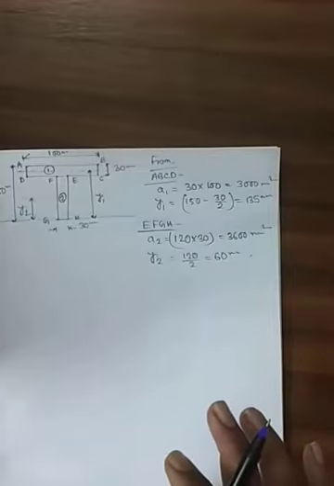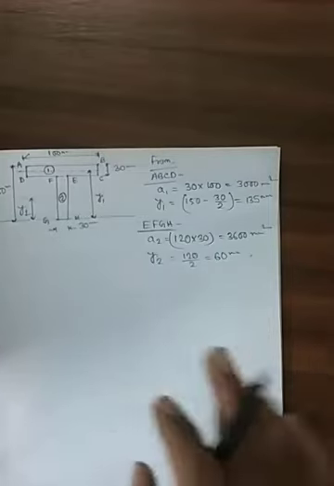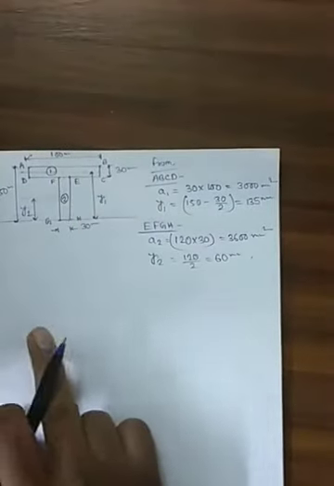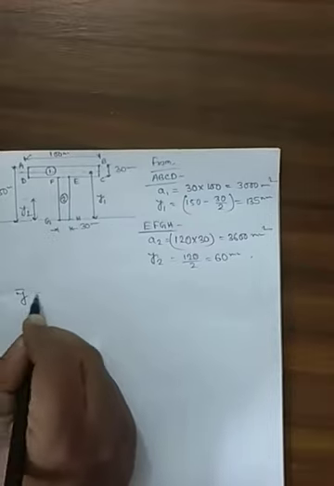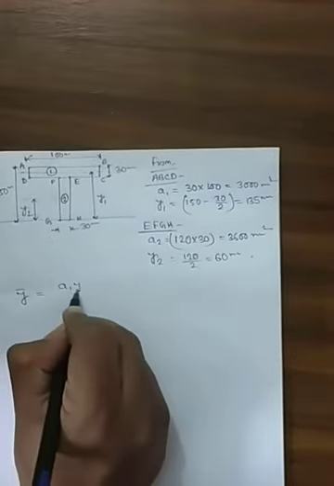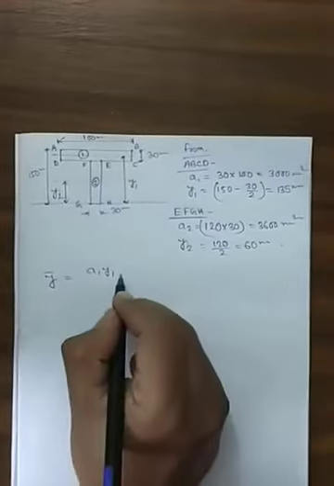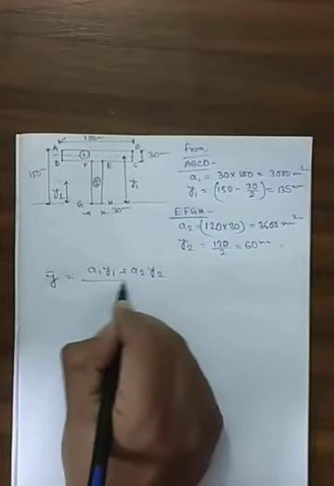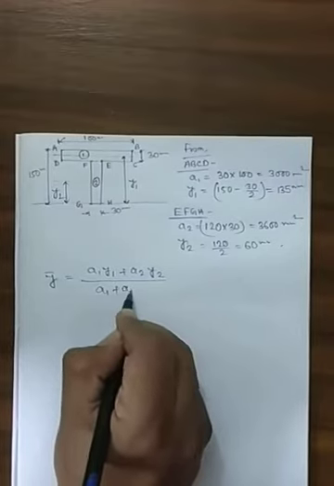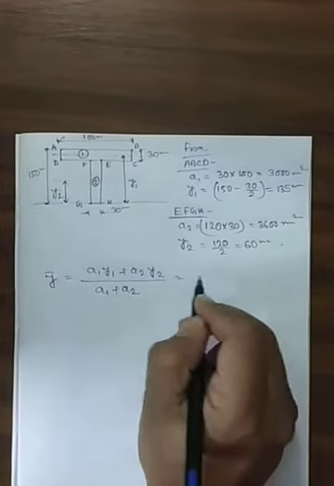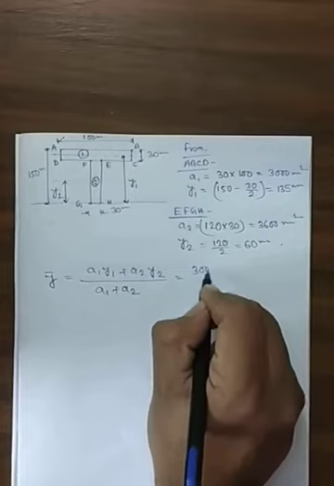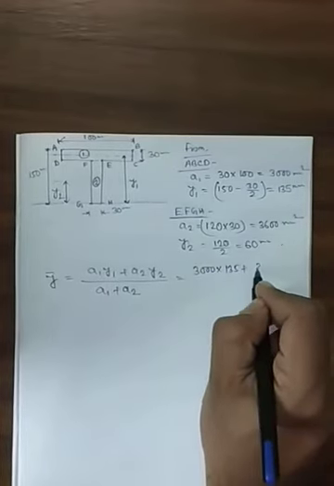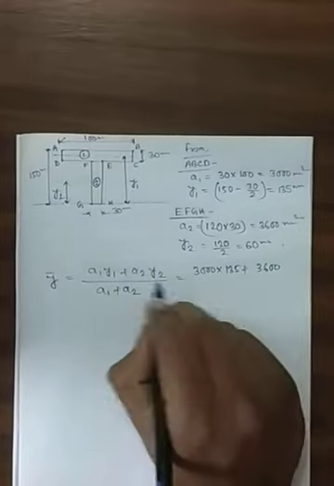Now we know that the distance of the center of gravity of the section from the bottom of the flange FH, GH will be equal to A1Y1 plus A2Y2 divided by A1 plus A2. So A1Y1 is how much? 3000 into 135 plus A2 is how much? 3600 and Y2 is 60 and divided by A1 plus A2.